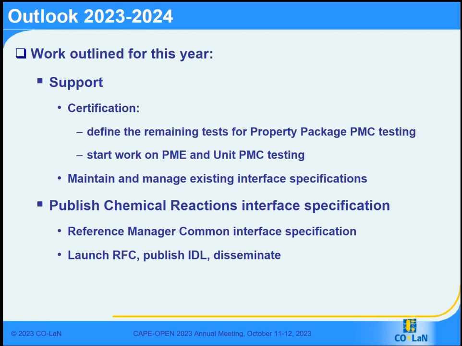In parallel, we will continue maintenance and management of the existing interface specifications, with the aim to finalize errata and clarification documents. The next goal is to publish the chemical reaction interface specification after adding references to the manager common interface, launching IFC, publication of IDL, and disseminating the documents. These are our goals for the next year.